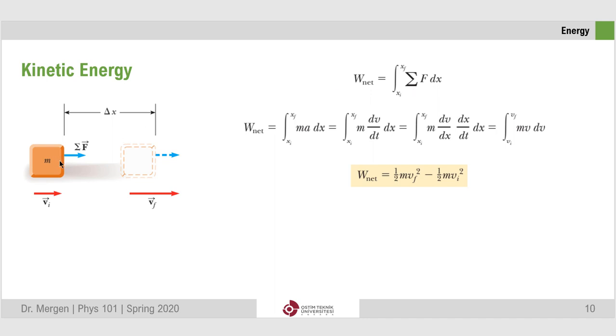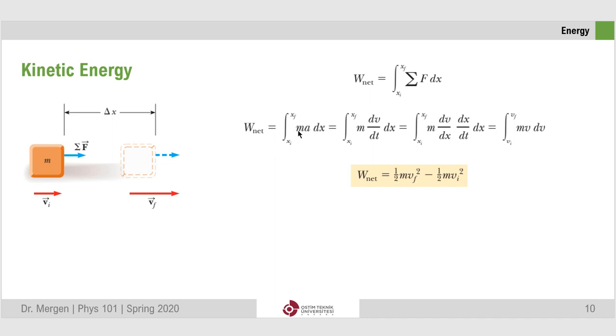And consider this block example again. Let's say it has a mass of m and its acceleration is a, and constant. So the total sum of the forces acting on that block has to be equal to m times a.